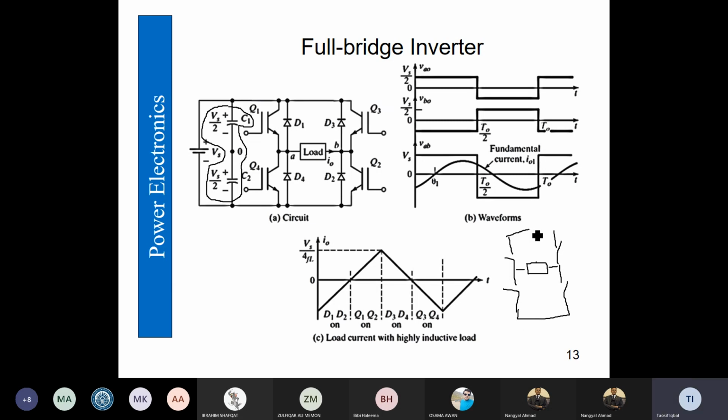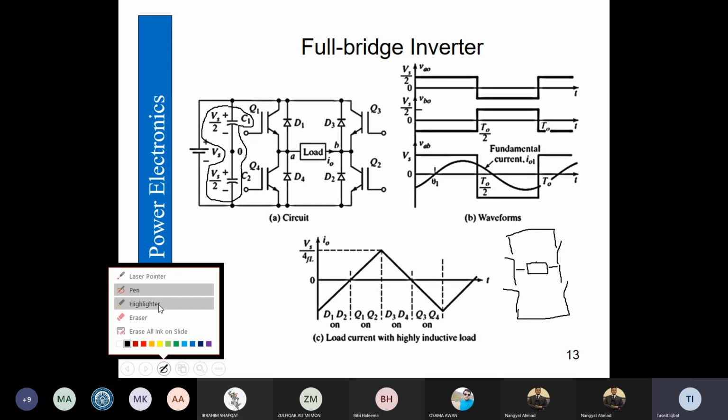So basically this is the same H bridge we can use for the control of motors, DC motors for example, to control the speed of the motor in both directions, in the clockwise as well as in the anti-clockwise direction. So the circuit is the same if you have already used an H bridge somewhere.